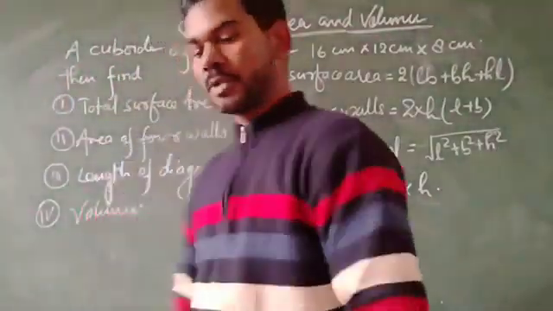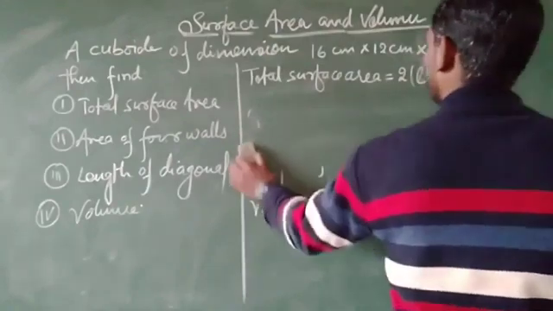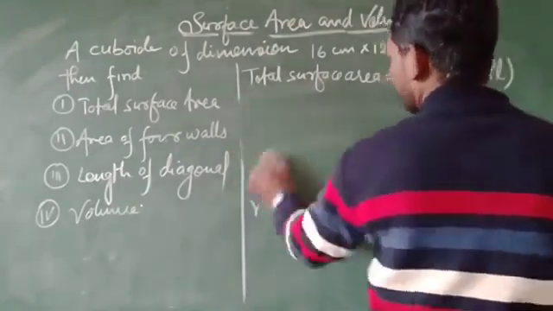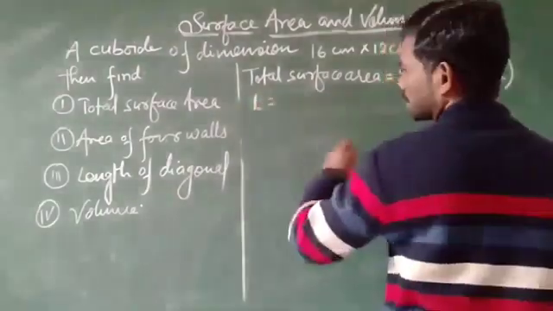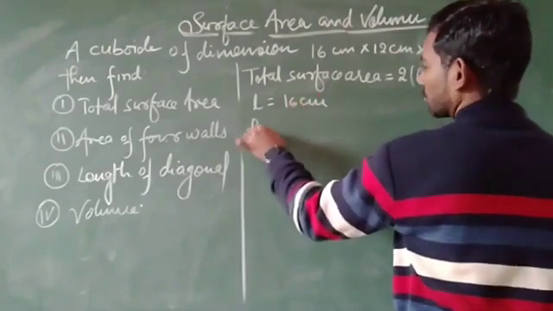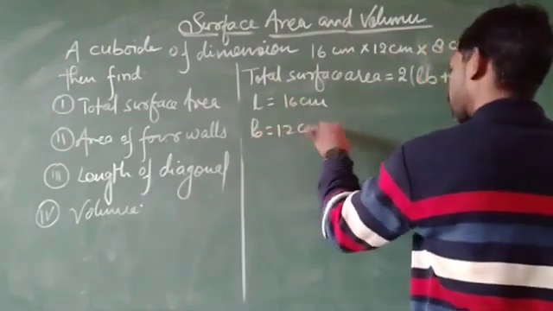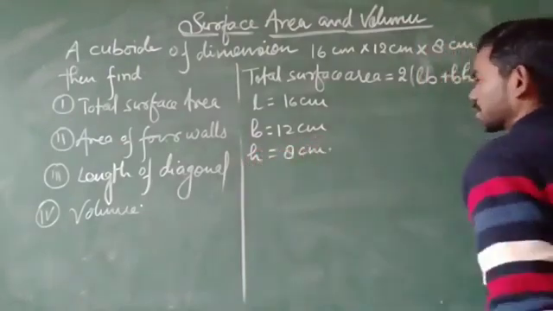Now let us see the first part of this question, and the first part is the total surface area. Now here L is equal to 16 centimeter, B is equal to 12 centimeter and H is equal to 8 centimeter.